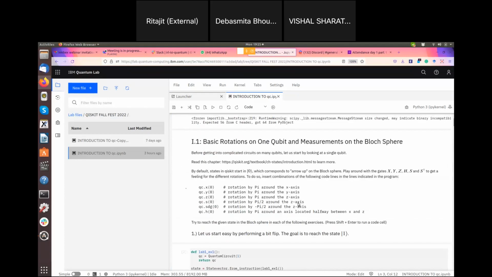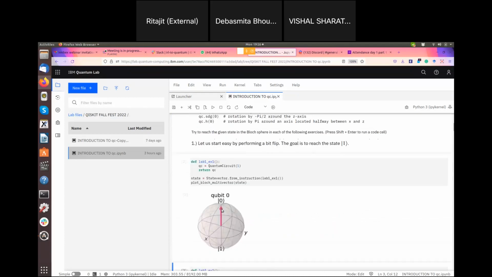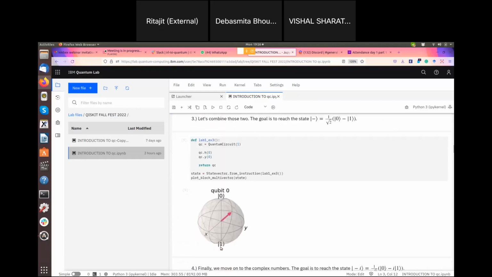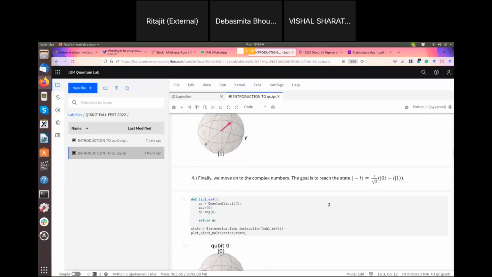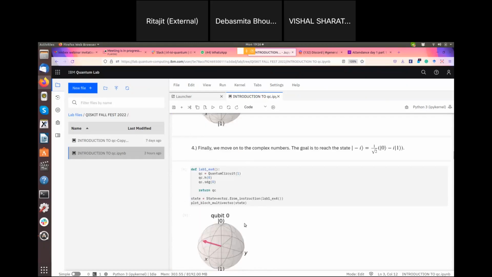So around the Z axis, we rotate with an angle of 90 degrees. Now, if we rotate by an angle of minus 90 degrees, that is in the reverse direction, then we get the S dagger. Now, what is the Z axis? This is the Z axis, X, Y, and Z axis. So for the complex number situation, we basically perform a rotation around the Z axis with 90 degrees. So here we get the minus i state in the blocks view.